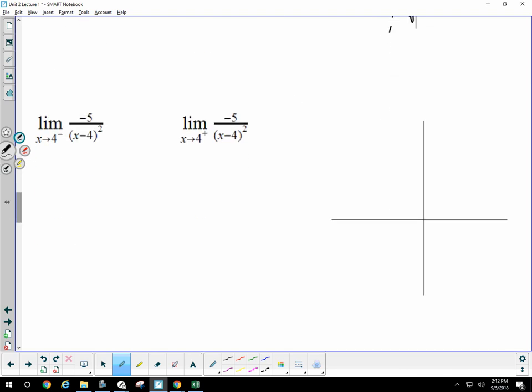Let's try this one. Now I have an asymptote at 4, but what's the behavior of my function around that asymptote?